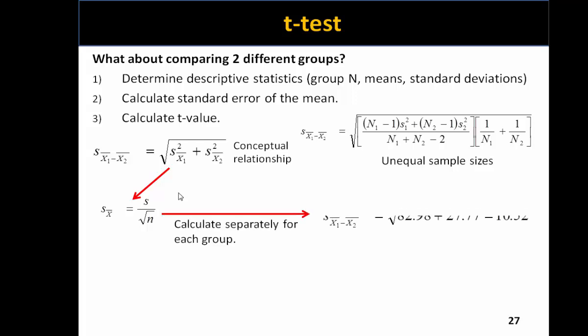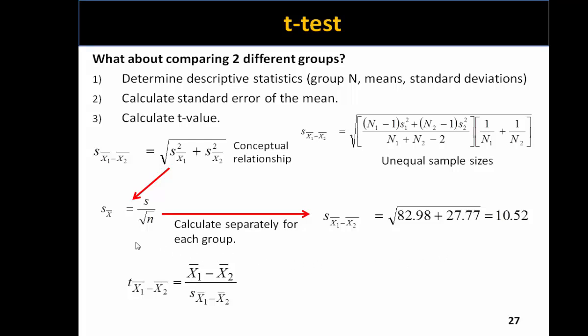After calculating that separately, once we calculate the standard error of the mean for the first group, we multiply it by itself, we take the squared value, and we end up with 82.98. We repeat the same process for the second group, we multiply it by itself, and we end up with a value of 27.77. We add these two values together, we take the square root, and we end up with 10.52.